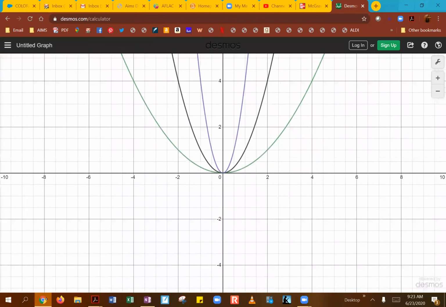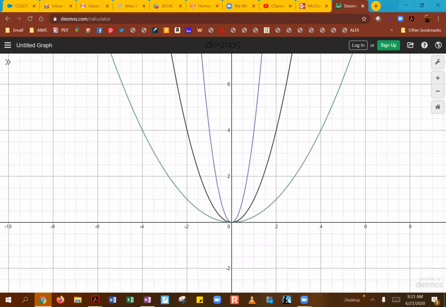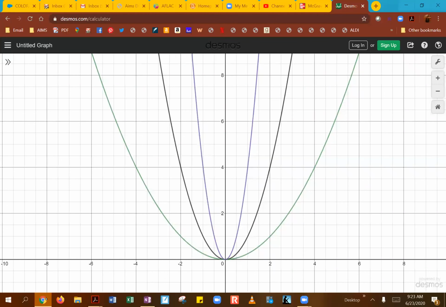Okay, so the purple is our stretching graph. So again, black was the original, green is the shrinking, and the purple is the stretching. So kind of think like of a rubber band, what happens when you stretch it, it makes it narrower. So that's kind of the effect that's happening here with this parabola.